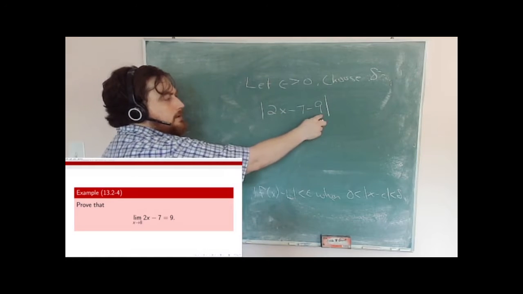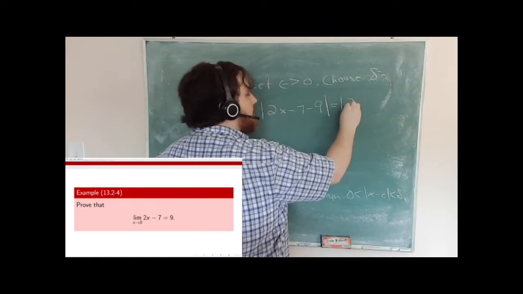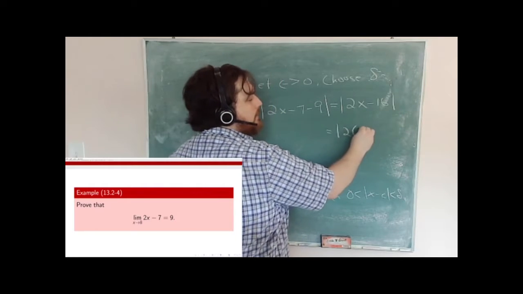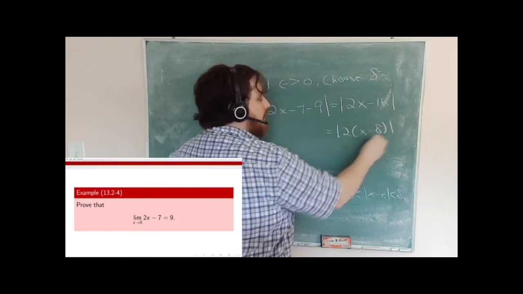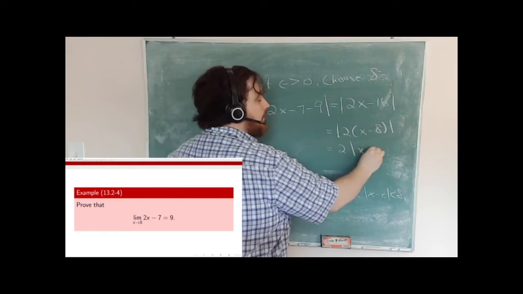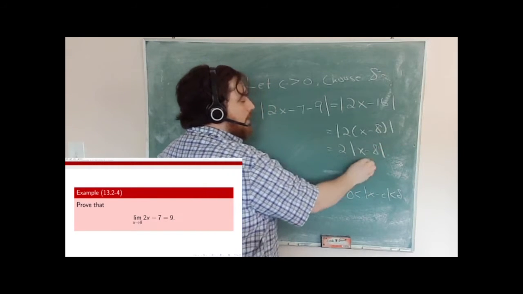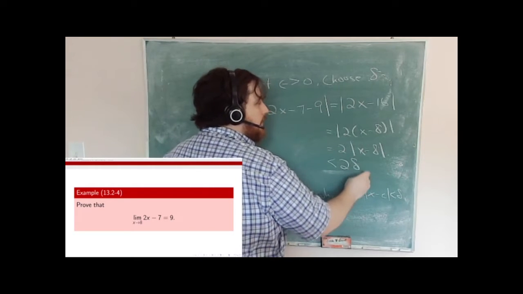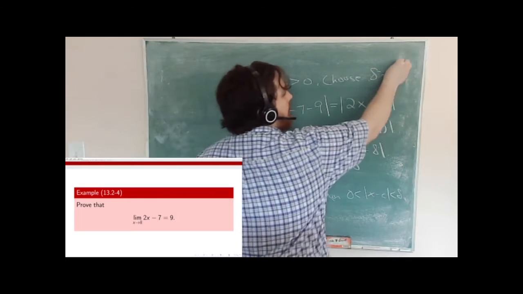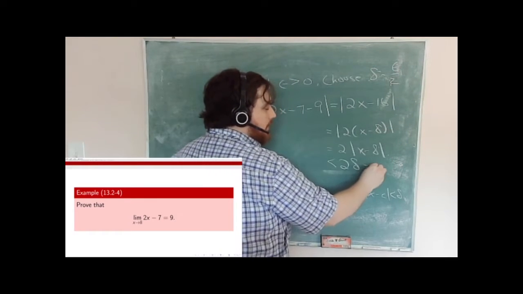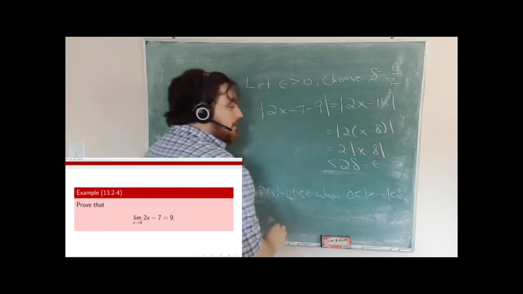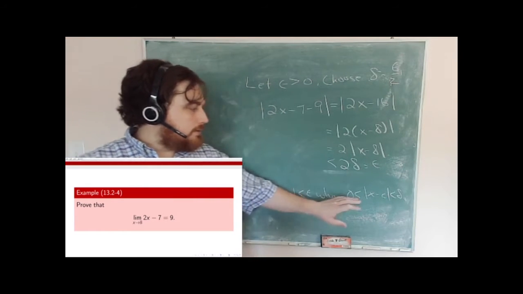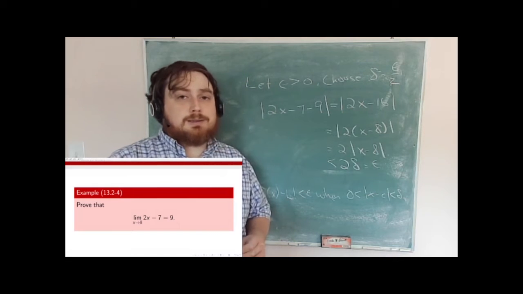So |f(x) - L| is |2x - 16|, which is 2 times the absolute value of x - 8. But we know that |x - 8| is less than delta, so this is less than 2 delta. So if we let delta equal epsilon over 2, then 2 times epsilon over 2 is just epsilon. So |f(x) - L| < epsilon whenever |x - c| < delta.